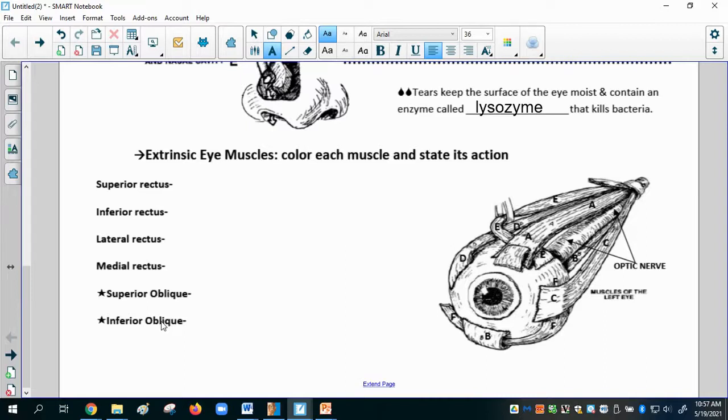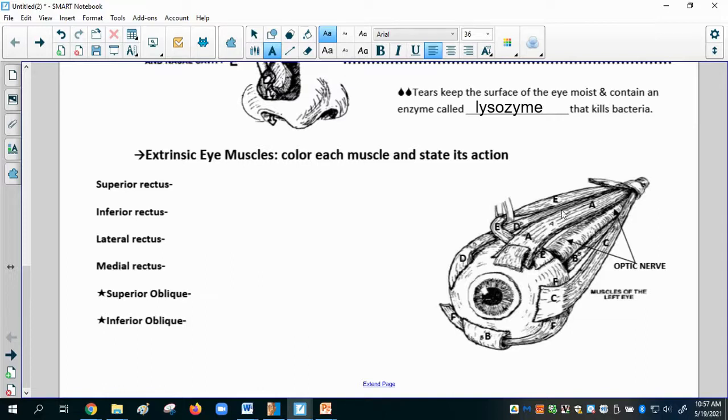And oblique means at an angle. This is actually very similar to the abdominal muscles, where the rectus abdominis was straight up and down on the body, and the oblique muscles were at an angle. So those same words are applied in this section as well. And for the first four, it basically says the eye will move in this direction. So superior rectus is letter A, and when this muscle contracts, it will pull the eye upwards.